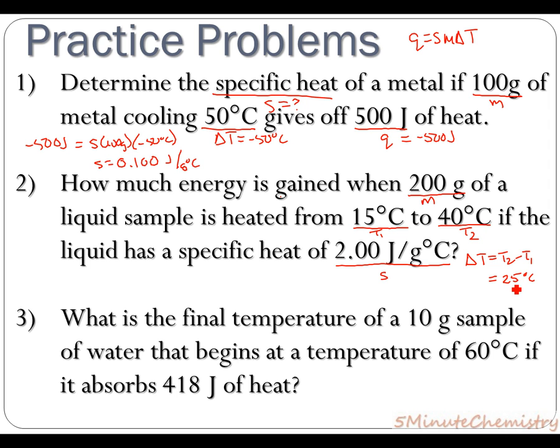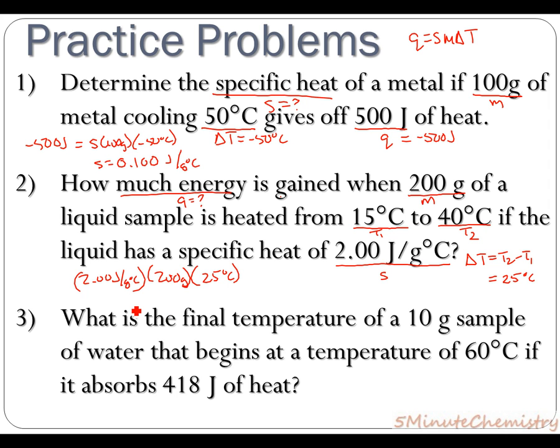So plugging in Q equals S m delta T, I'm trying to find out how much energy is gained. So Q is what? I'll plug in my S, 2.00 joules per gram Celsius, times my mass, 200 grams, times the delta T, 25 Celsius.